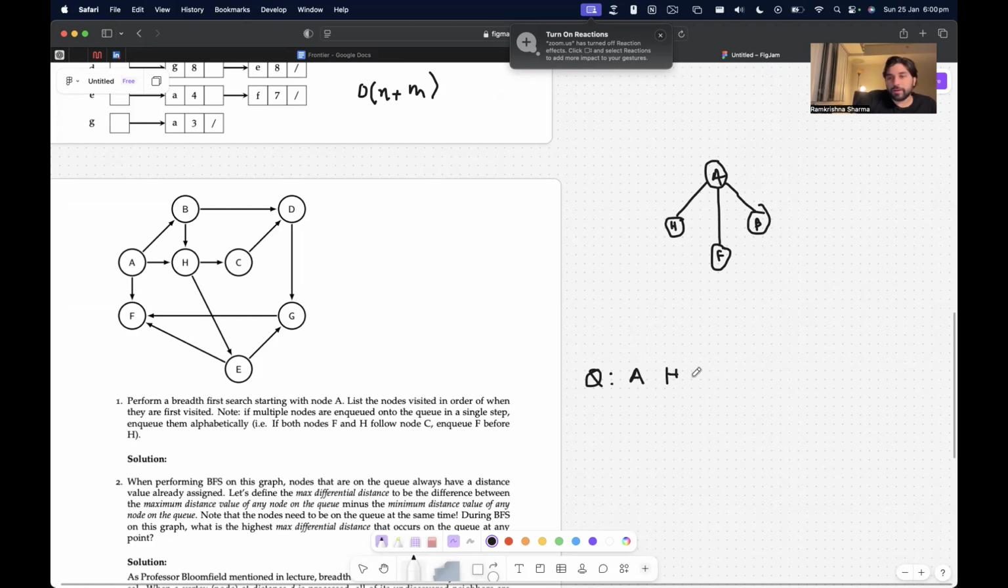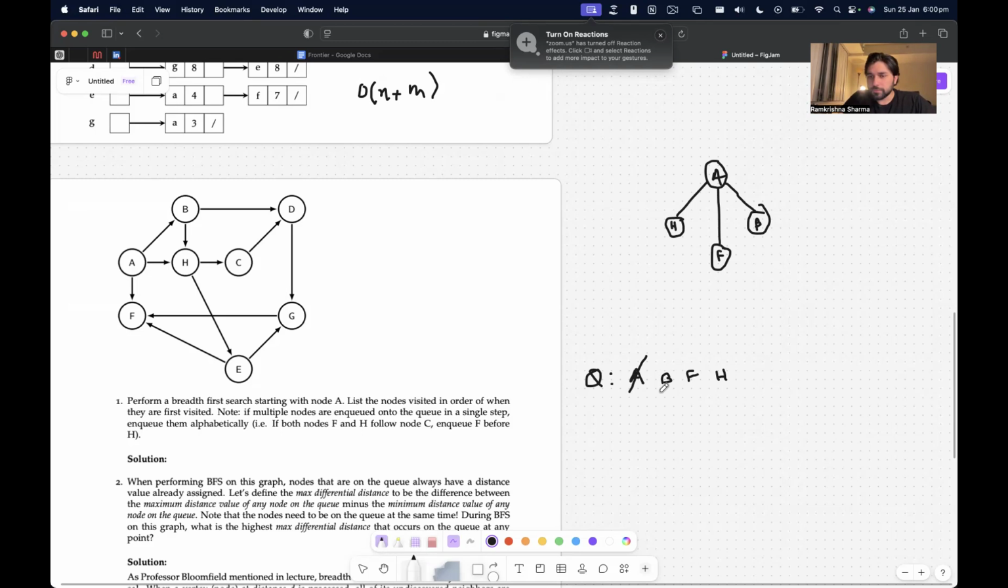So H, F, and B are appended to the queue, but we append them in alphabetical order. So in this case, it will be B, F, and H. And after you've registered all of the neighbors of a particular node, that node is now done processing, and so we can move on from A.